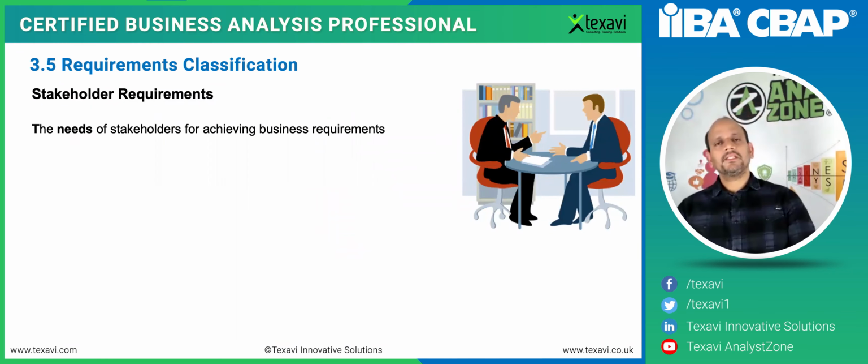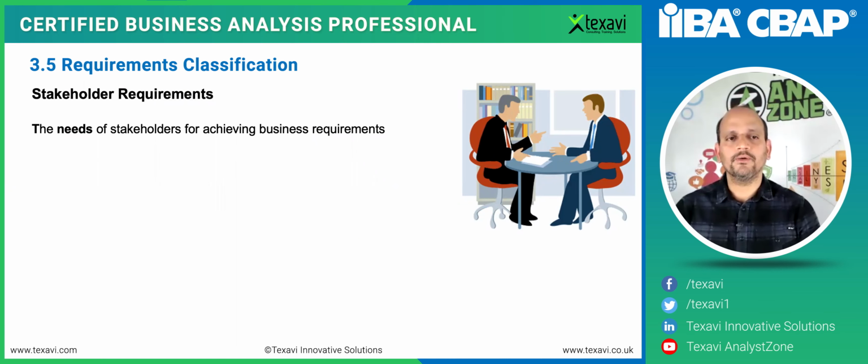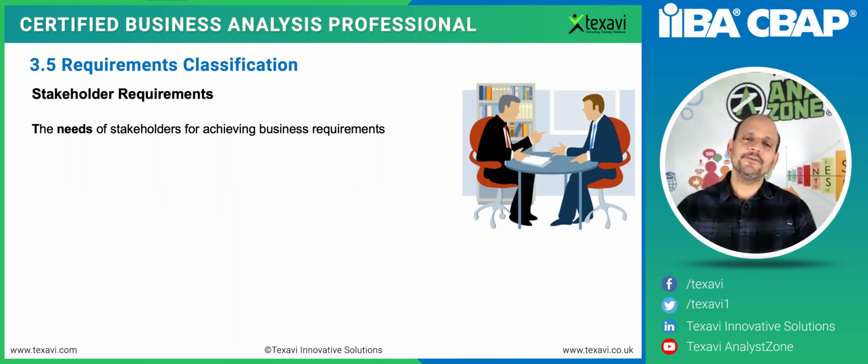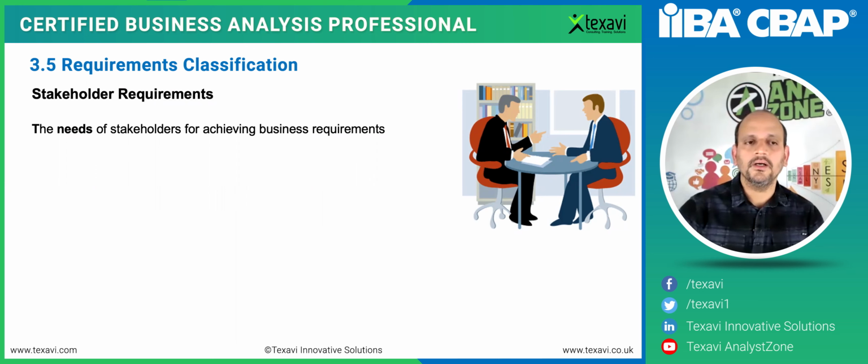And then we've got the other category of requirements called stakeholder requirements. Here, it's not the business as a whole that is saying this is what I need, but rather it's the needs of an individual stakeholder or a collective set of stakeholders that would help achieve the business requirement. That is what we call a stakeholder requirement.